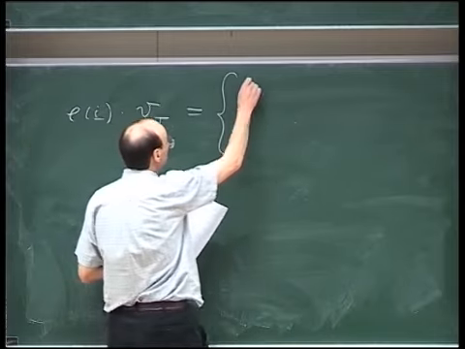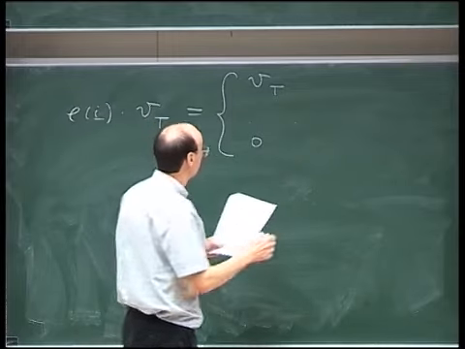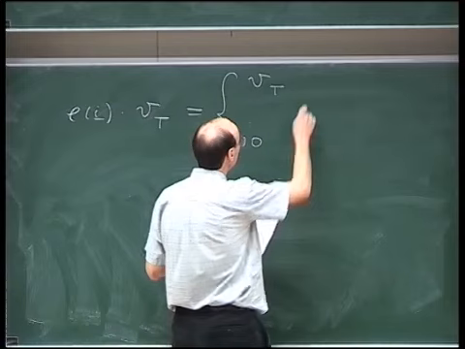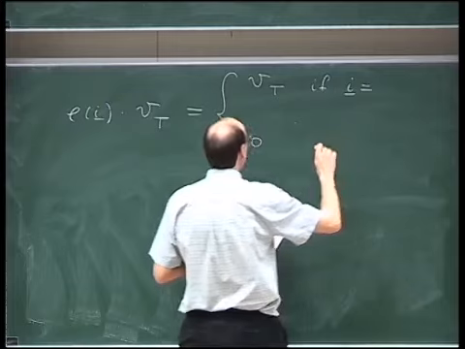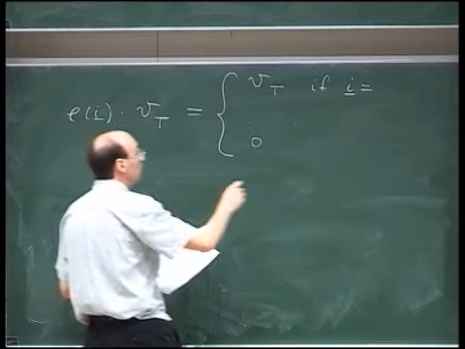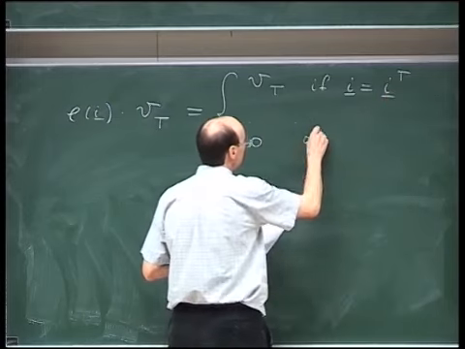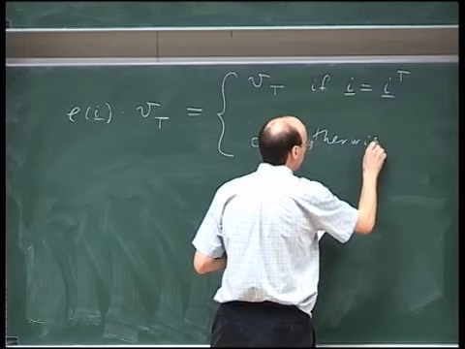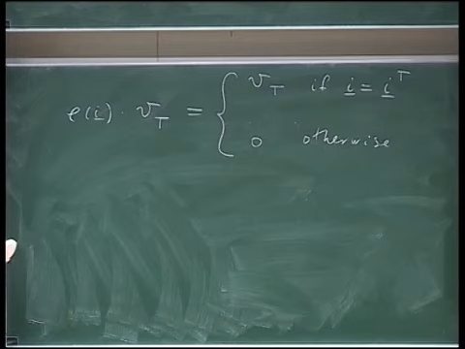So it's going to be the module itself or 0, depending on whether the weight is right or not. And the weight is right if i is equal to i_T and 0 otherwise. So this i_T is the weight which we are going to associate to the tableau T.